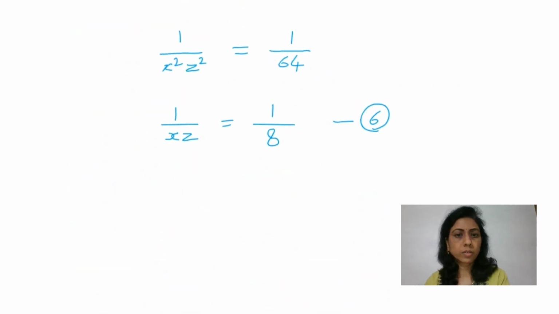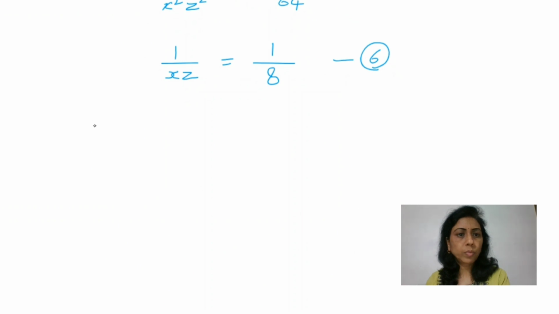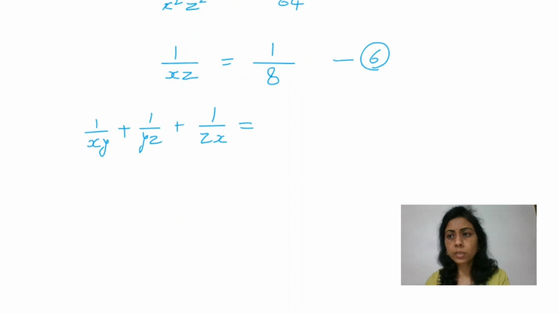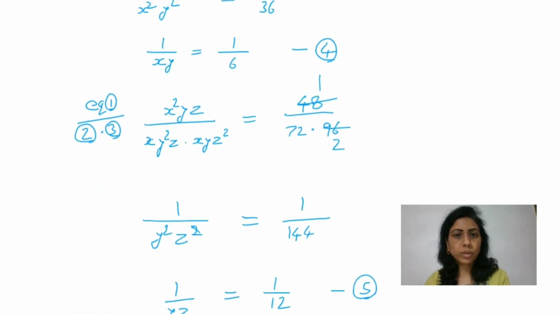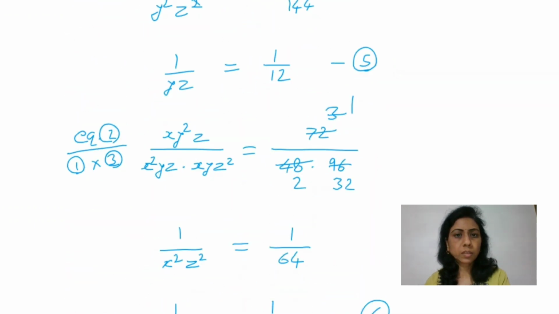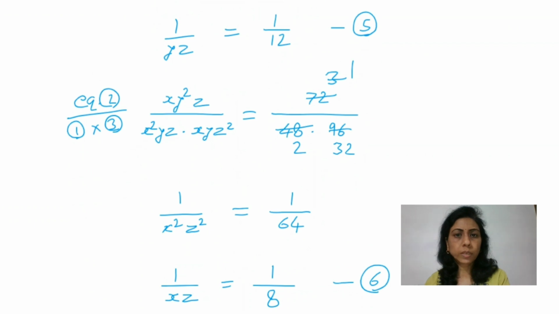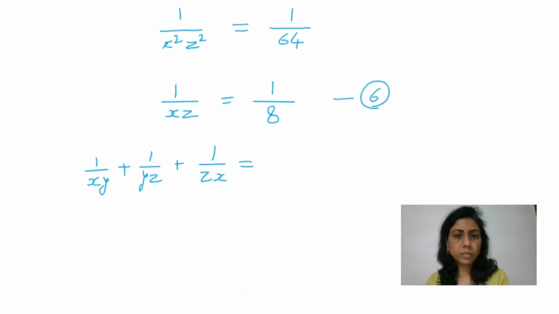Okay, we can write 1 upon xy plus 1 upon yz plus 1 upon zx. From equation 4, 1 upon xy value is 1 upon 6. This is 1 upon yz value 1 upon 12, and this is 1 upon 8. So 1 upon 6, 1 upon 12, 1 upon 8.